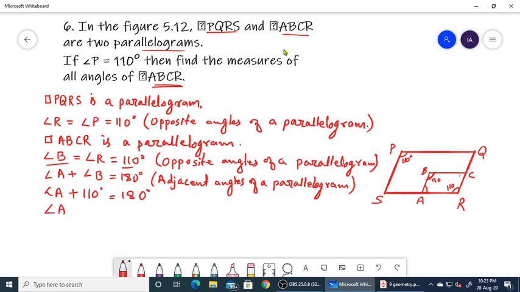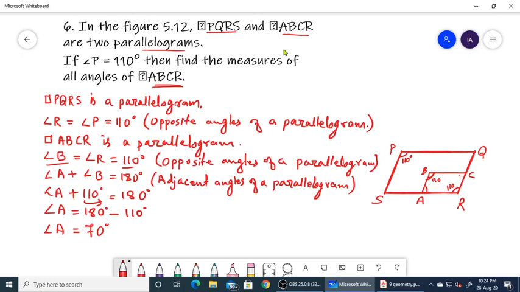Keeping angle A in its place and 180 in its place, this 110 can be transposed to the other side. So we get the measure of angle A as 70 degrees.